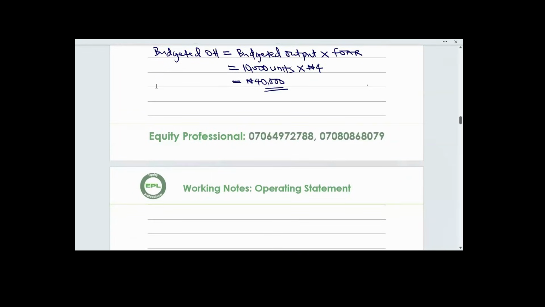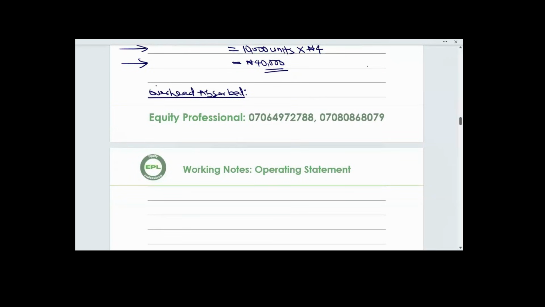So we then need to compare this budgeted overhead of 40,000 naira with the overhead absorbed in each period. When we say absorbed, we simply mean the overhead charged to product, or allocated to products. So we are going to pick it period by period.